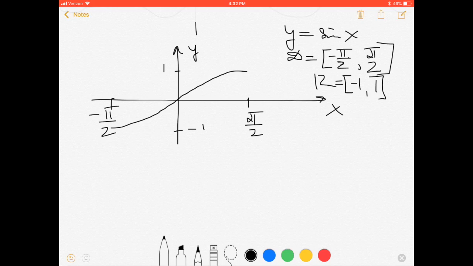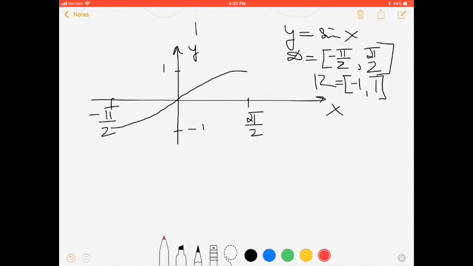As we remember, the graph of an inverse function is symmetric about the line y equals x, and the domain and range of the inverse function are switched. Great.